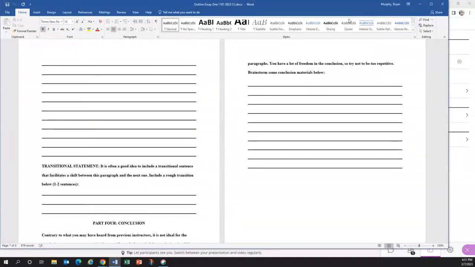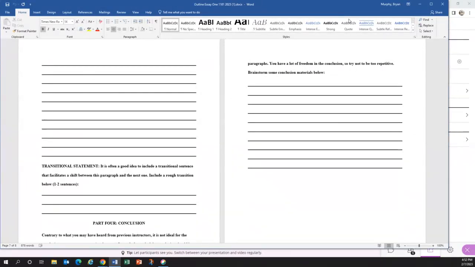So use it to give a tone of closure, to leave your reader thinking, to bring in some stuff that you couldn't get to, because remember, your body paragraphs are very rigid in terms of the structural requirements. Like, you have to have a topic sentence, you have to have supporting details, it has to be related to the topic sentence. If you stray away from the topic sentence and the supporting details, then you've gotten off topic.